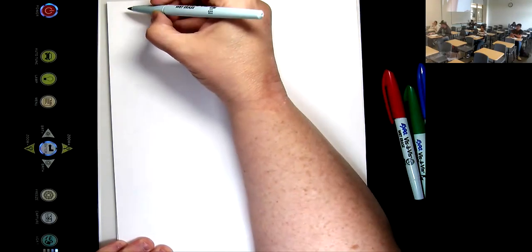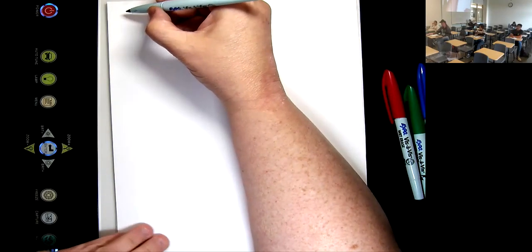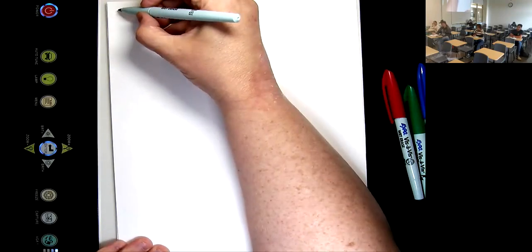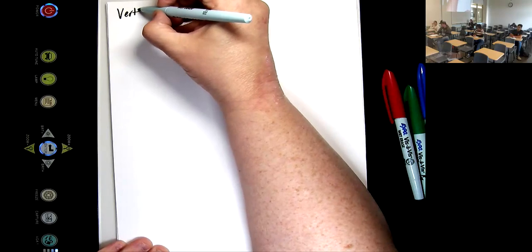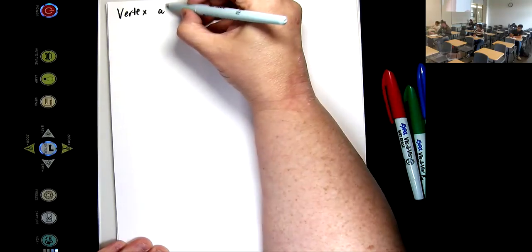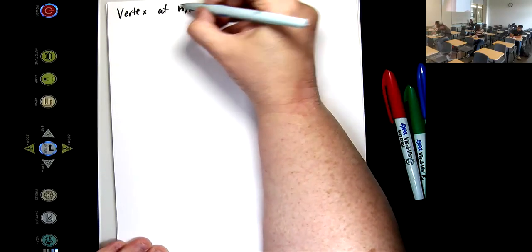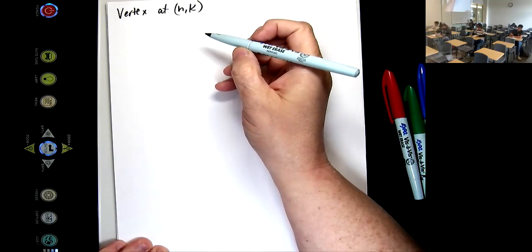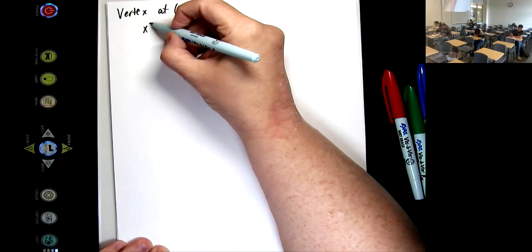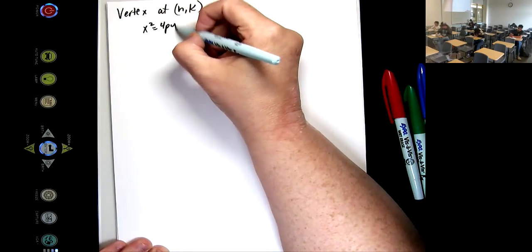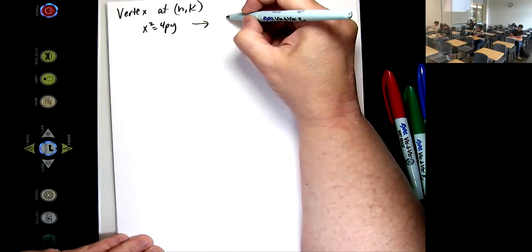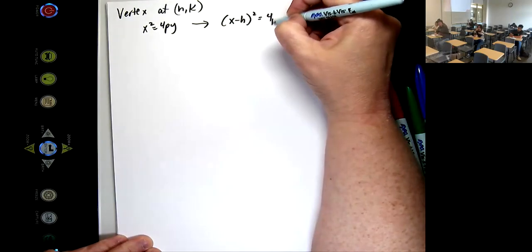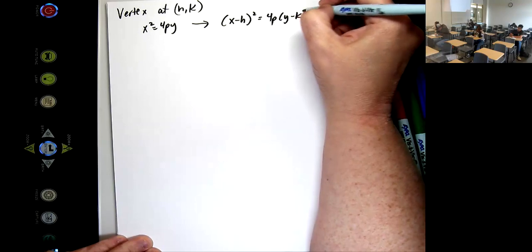So, all the stuff we've been doing with the parabola has been with the vertex at 0, 0. If the vertex is at (h, k), how does this change? The x squared equals 4py transitions into (x minus h) squared equals 4p times (y minus k).